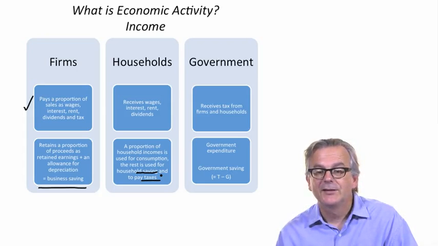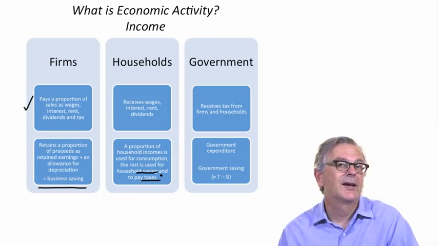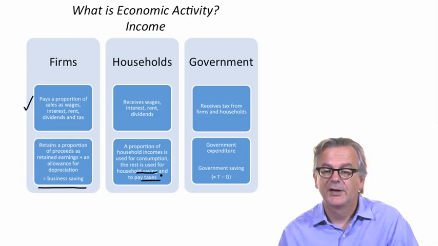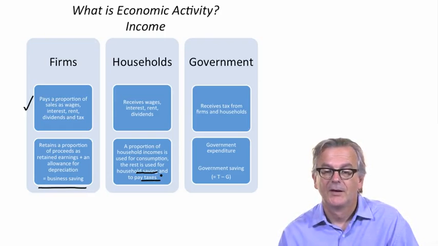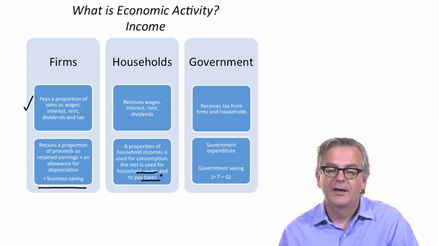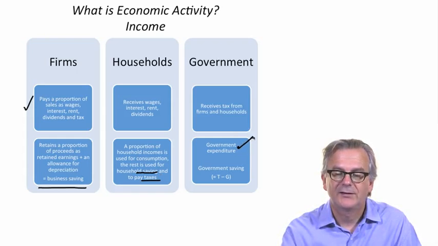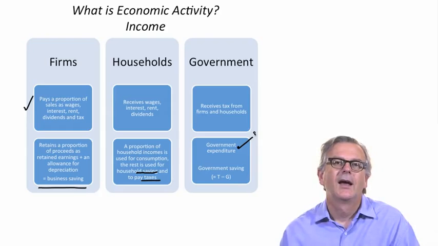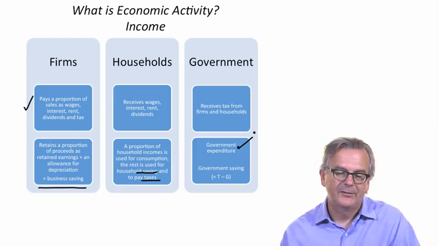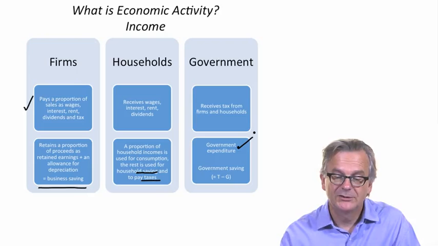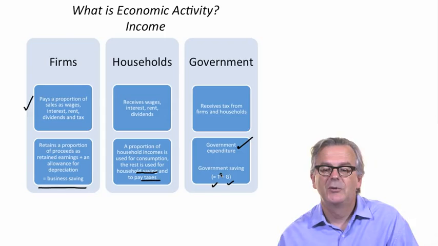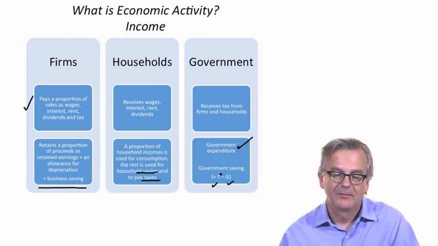The government sector receives taxes which are paid by firms and households. You can think of that as being the government's income. Out of that income, the government undertakes its expenditure, and there may be a difference between the taxes that the government collects, remember those taxes come from both firms and households, and the amount of expenditure it undertakes, and this we will call government saving.